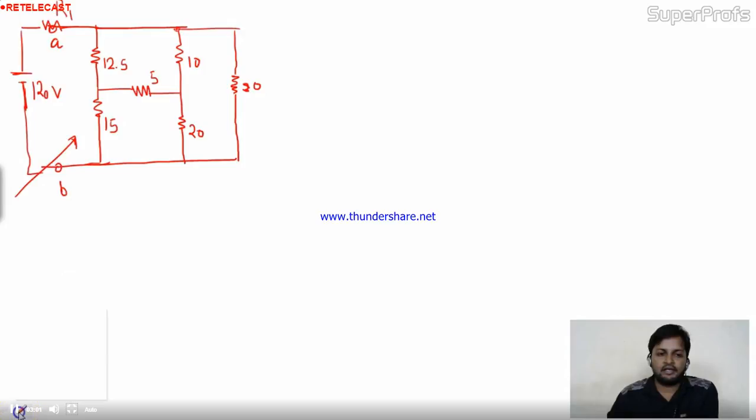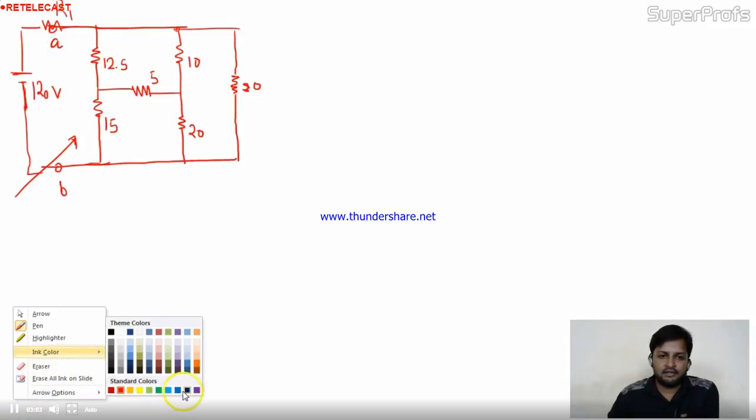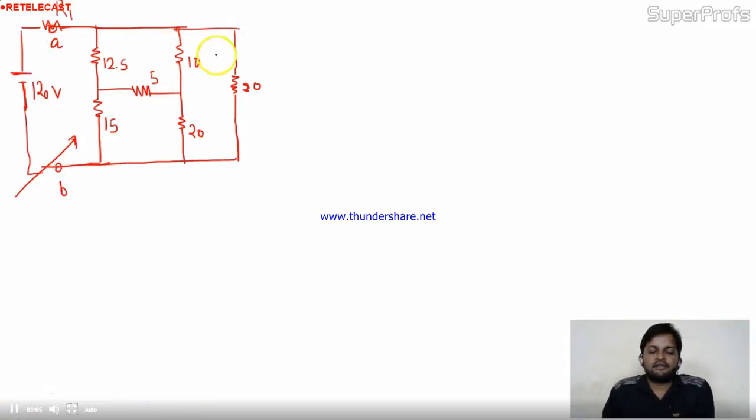So here you can clearly see that we have to start from the ending portion of the circuit. Here this 30, 10 and 20 are not connected in series combination. No series, no parallel. See, you can clearly observe this 30 and this 10. Are they connected in series combination?